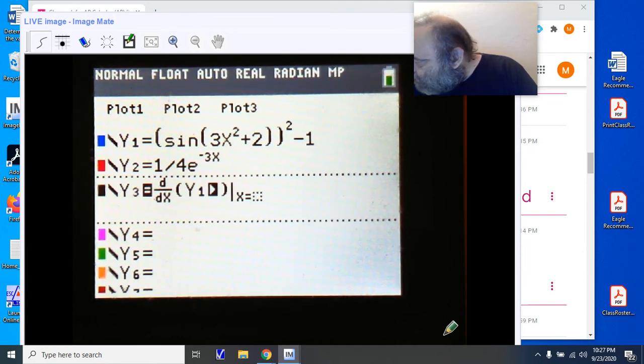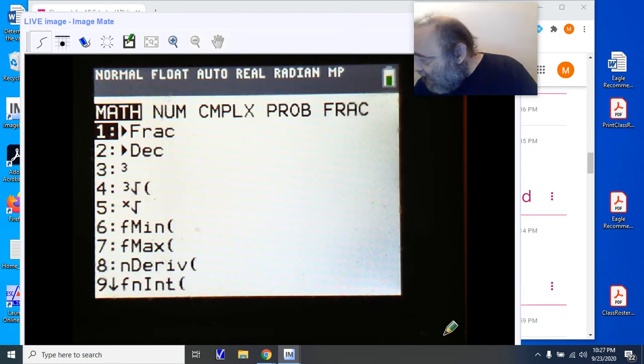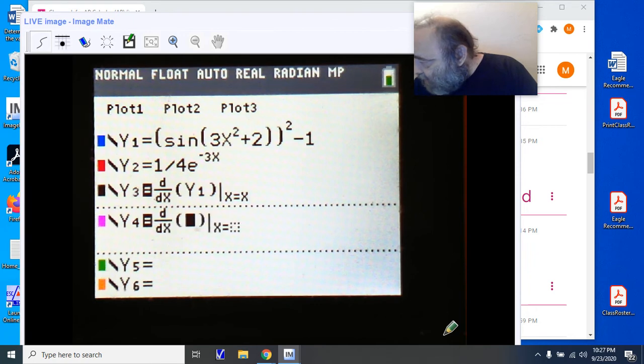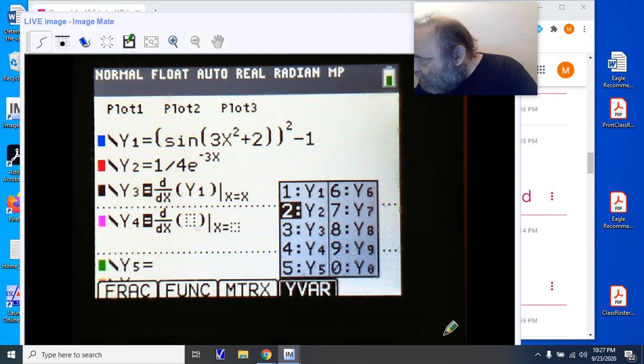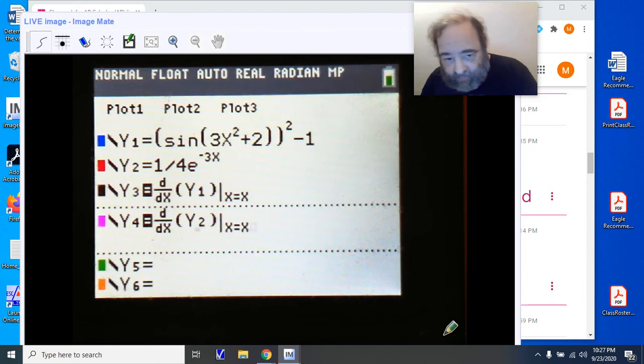There's our first. We go to the next one. Math 8, x is the variable. We want Y2. As it all goes along, we've done this before. It shouldn't be too difficult. Hit the x. The x allows us to graph it now.